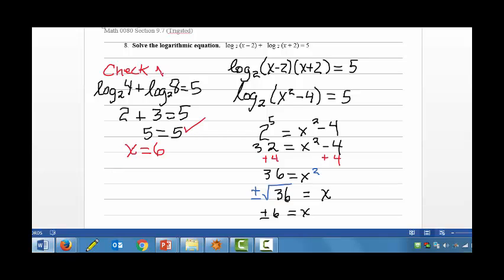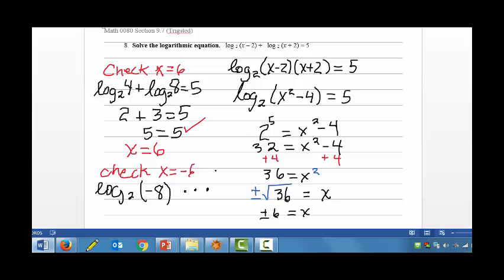Now let's check x equal to negative 6. And we see when we do that, we get the base 2 log of negative 6 minus 2. That's negative 8. There's no need for us to go on.